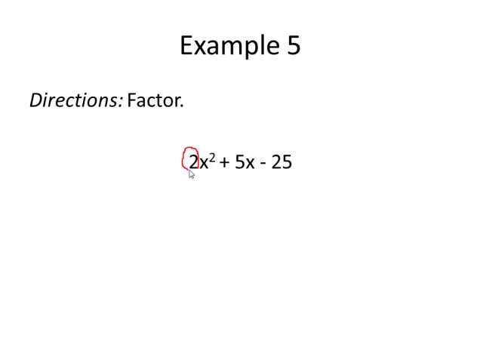Okay, I'm going to take 2 times 25. That's 50. I'm going to find two numbers that multiply together to get 50 that differ by 5. So I could have done 2 and 25.